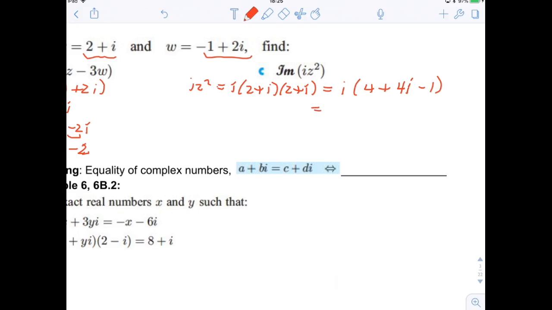So it's equal to 3i minus 4, right? Because i times i is negative 1. Negative 1 times 4 is negative 4. Actually, I'm just going to reverse the order: negative 4 plus 3i. And then I'm going to take the imaginary part of that. So the imaginary part of negative 4 plus 3i is equal to 3.